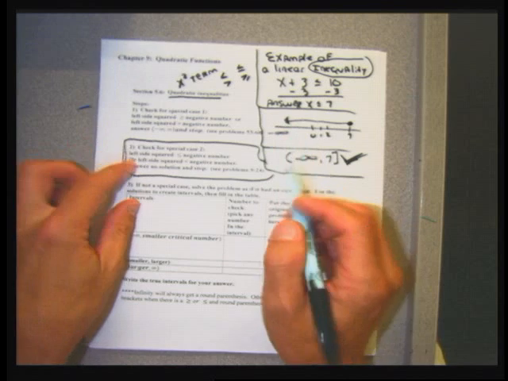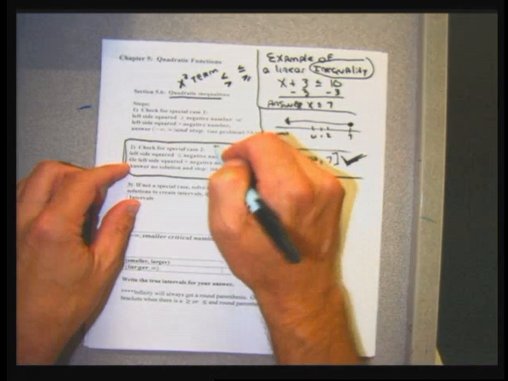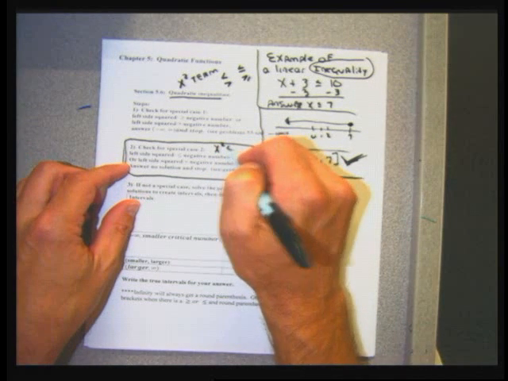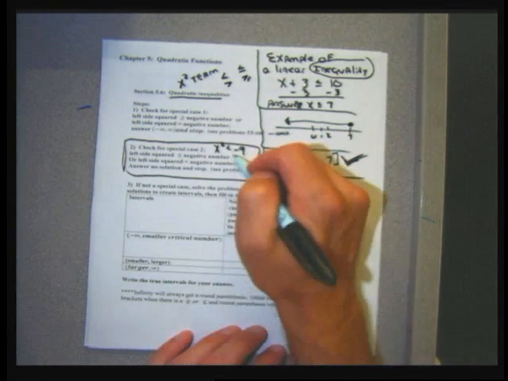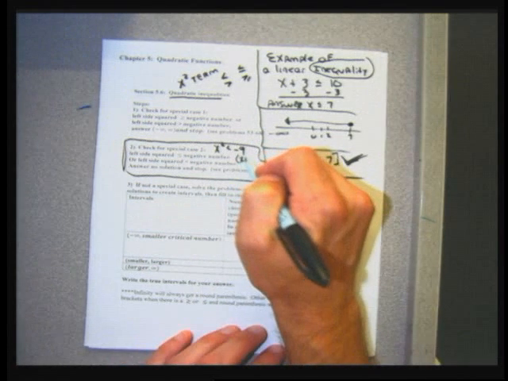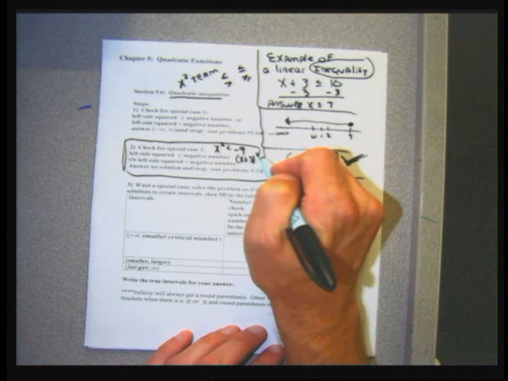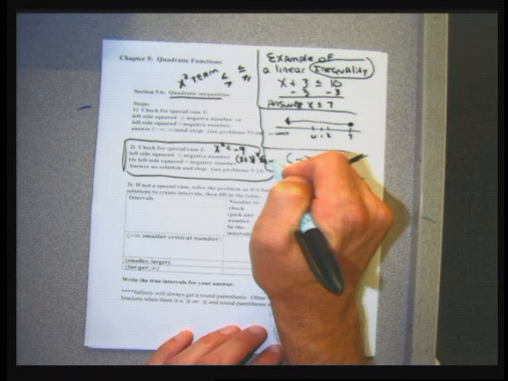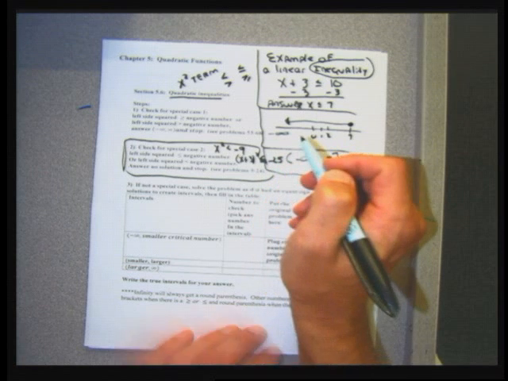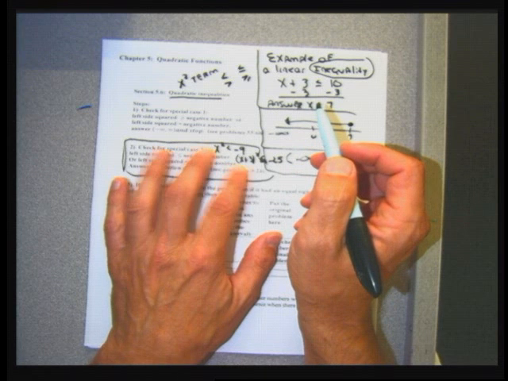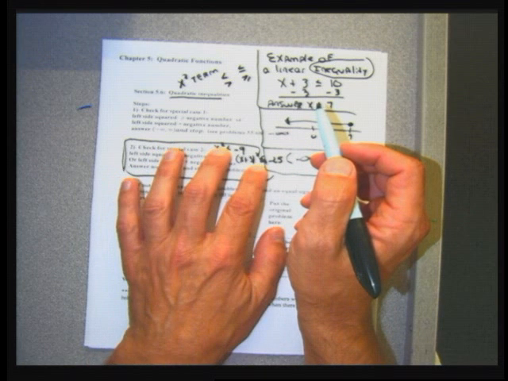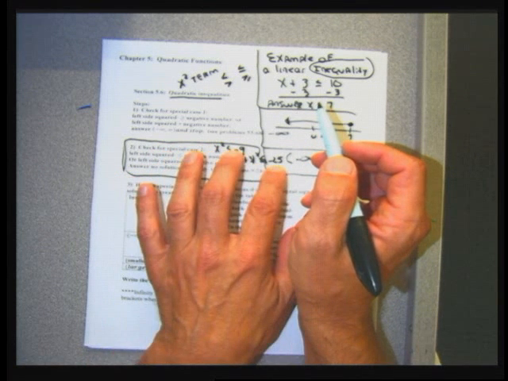So something like x squared is less than negative 9 would be considered a special case for a less than. Or something like x plus 3 squared is less than or equal to negative 25, because this has the whole left side squared, followed by a less than or equal to sign, and the right side negative 25.